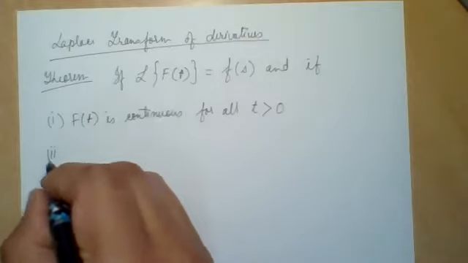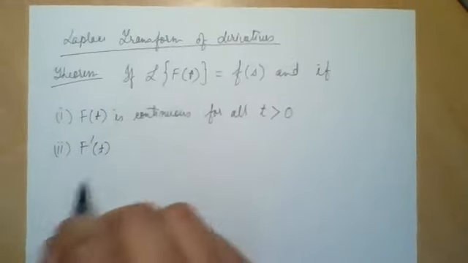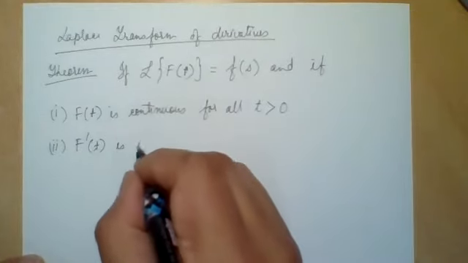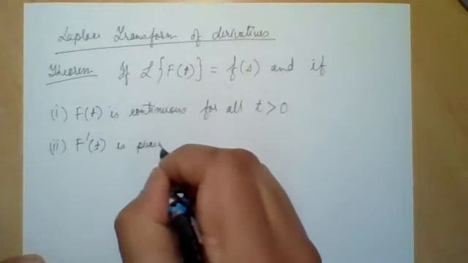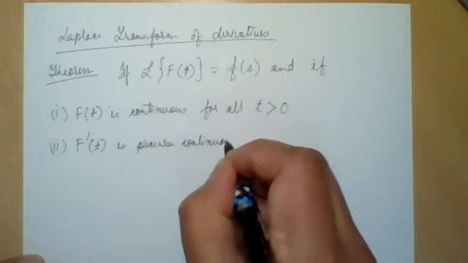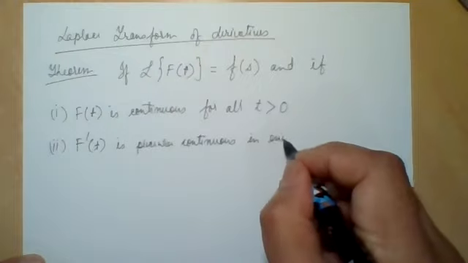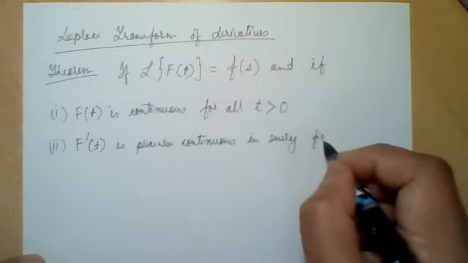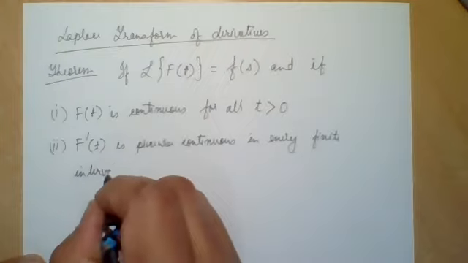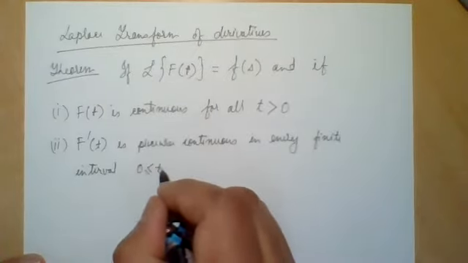Number two, f prime t, which means the derivative of f with respect to t, is piecewise continuous in every finite interval of t.